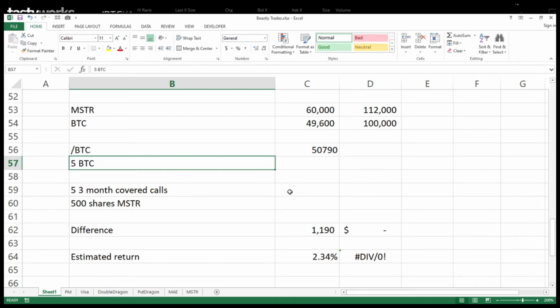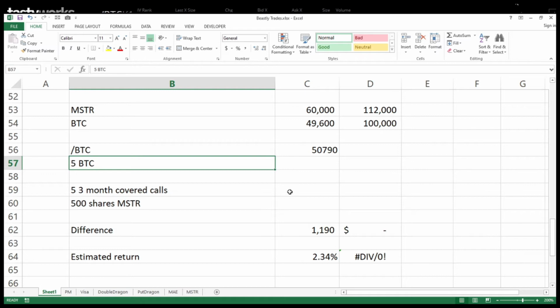But what would happen if you don't have access? Currently I don't have access to Bitcoin futures trading or even physical Bitcoin trading on Tastyworks right now. I think they still have to work through some of the regulatory issues for certain states. But this is just something to think about for yourself if you do happen to have access to this.